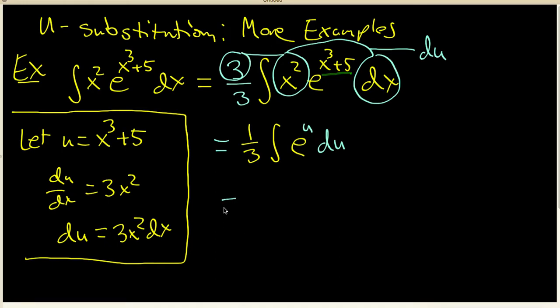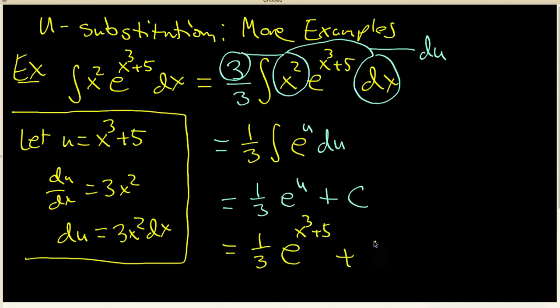That's simply going to be 1/3 times e to the u plus a constant. And then to get my final answer, all I have to do is substitute the x cubed plus 5 back in for the u. And when I do that, I get my final answer of 1/3 times e to the x cubed plus 5 plus whatever constant I want to add.